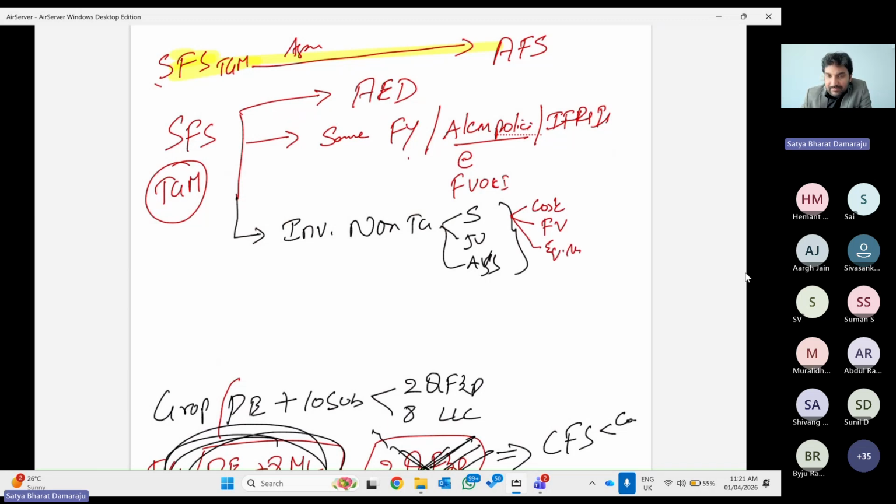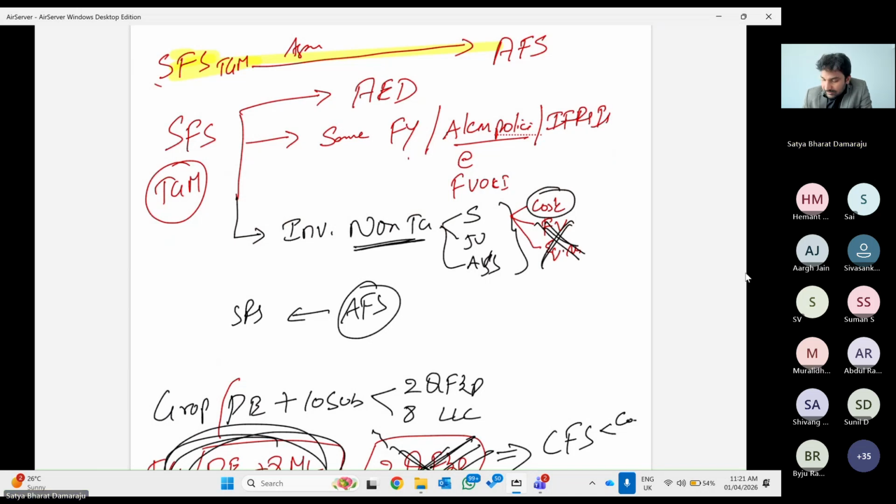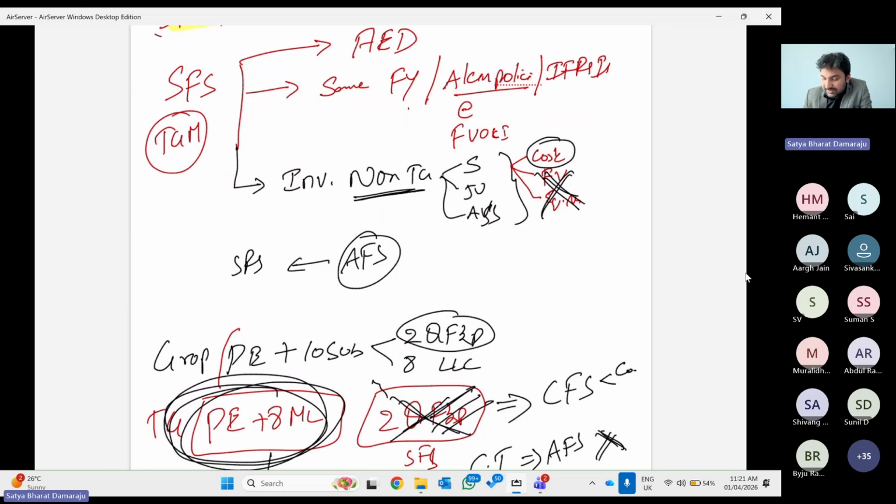But when you are preparing the SFS for the sake of AFS, you have to prepare only on the cost method. You cannot follow the fair value method or equity method. I'm talking about non-tax group members. For example, for these 2 qualifying free zone persons, if there is an investment, we cannot fair value it or follow the equity method. So better to do it at the SFS level itself. Any questions on this?